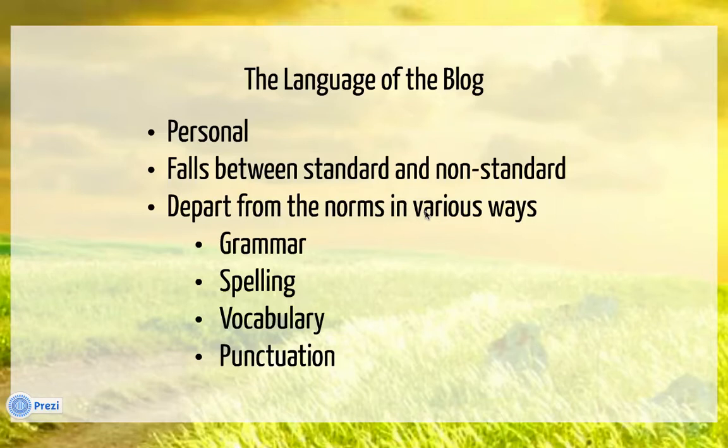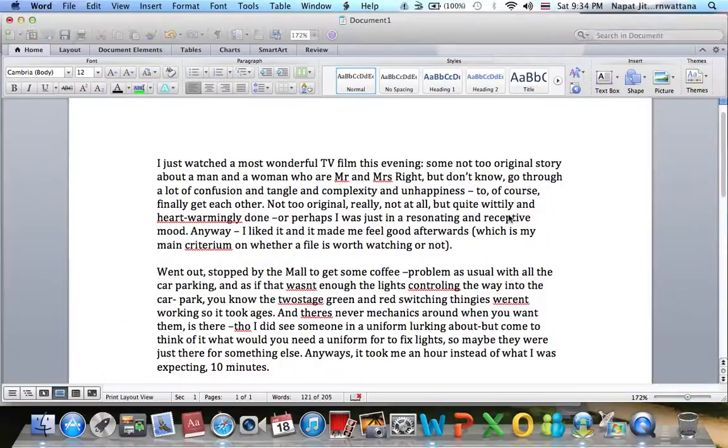So let's have a look at the extract that I have got here. This is the extract from David Crystal's book, Language and the Internet. Thank you to him for that. Let's have a look at them one by one. Grammar first.